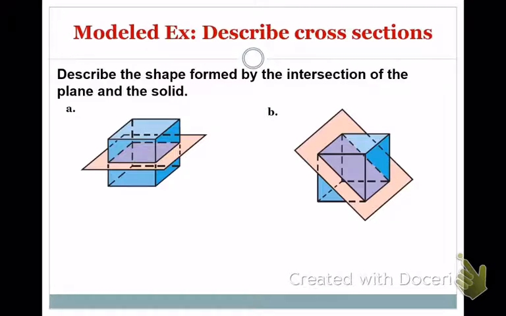Cross sections are useful. The most useful cross section I can think of is if you take a cross section of a sphere. We've created a lot of things out of cross sections of spheres. Lenses, whether it's contact lenses, glasses, microscopes, telescopes, those are all cross sections of spheres.